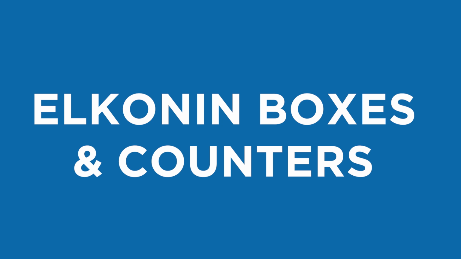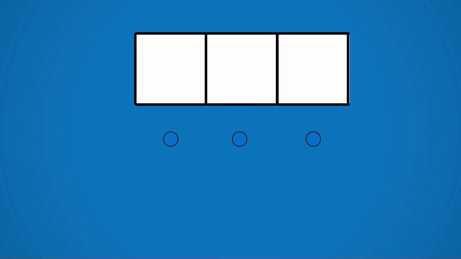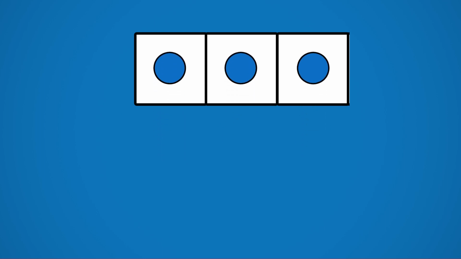Elkonin boxes and counters. As students advance to the goals of segmenting and counting syllables in compound words, Elkonin boxes and counters will be used. Elkonin boxes are squares that represent syllables or sounds in a word. Elkonin boxes will aid students in segmenting spoken words into syllables or sounds. In this section, a counter will be placed into each Elkonin box to represent a syllable.